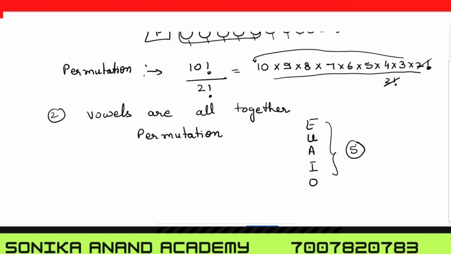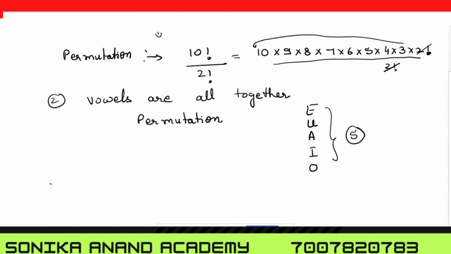One, two, three, four, five, six, seven, eight. Just go for that. P and S are there. Clear? In between we have 10.